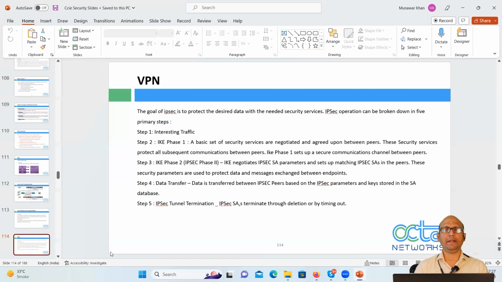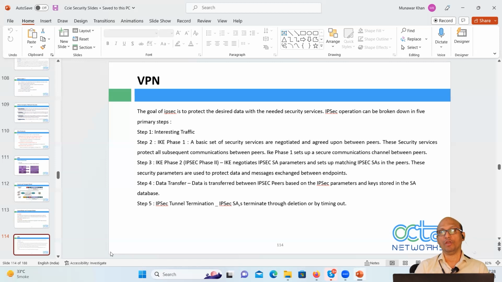But later on, they made it so that all ISR routers, Integrated Services Router, then ASR routers, then CSR routers, Cloud Services Routers, can do VPN, or you can set up VPN on these routers.